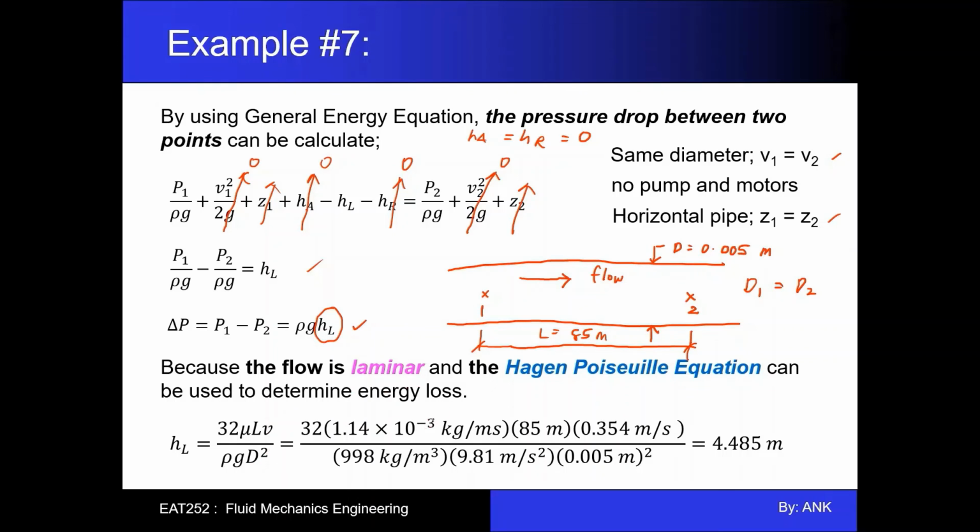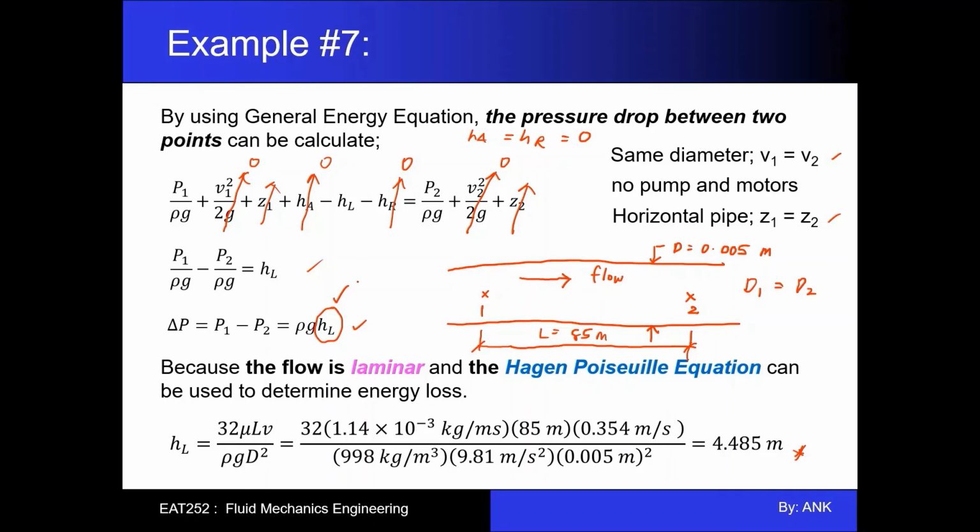So when we substitute all the information, we get the energy loss in this pipe is about 4.485 meter. This is the value for our HL, or energy loss in the pipe. Okay, now we have already solved for HL.